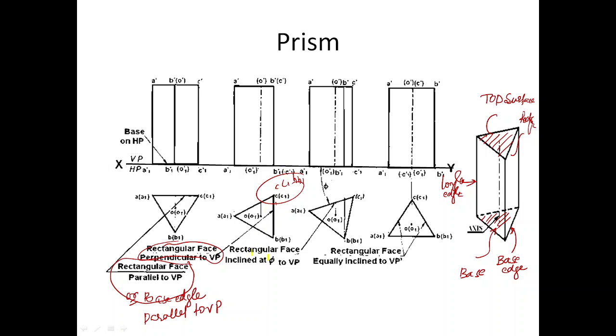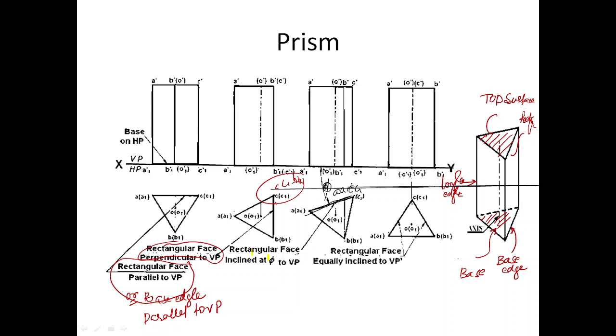So just observe. This is a surface which consists of A1, C1, inclined at theta degrees to the vertical plane.